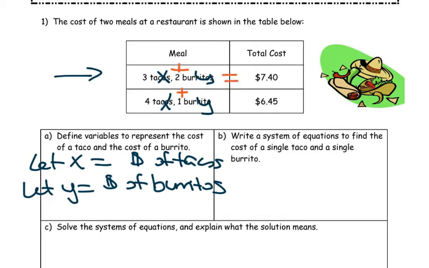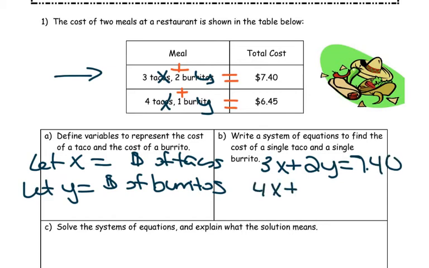And then this is what it's equal to. So to rewrite these, we would have 3x plus 2y equals 7.40, and 4x plus, you could choose to write the 1 or leave it blank, I'm going to leave it blank and just write y equals 6.45.